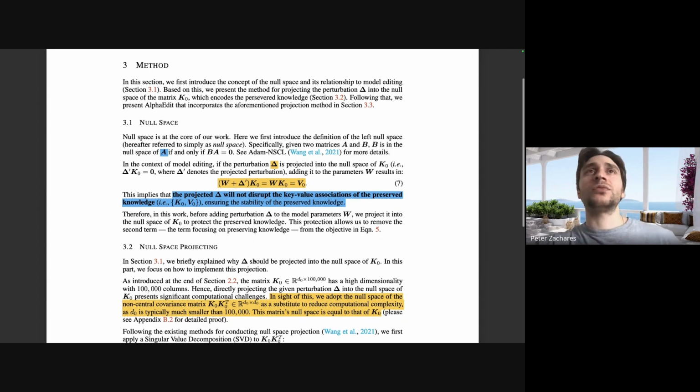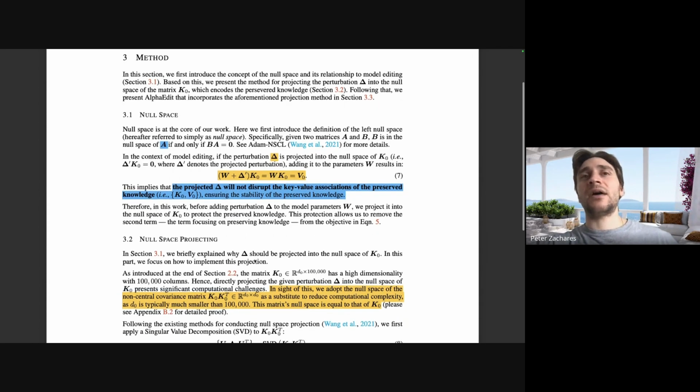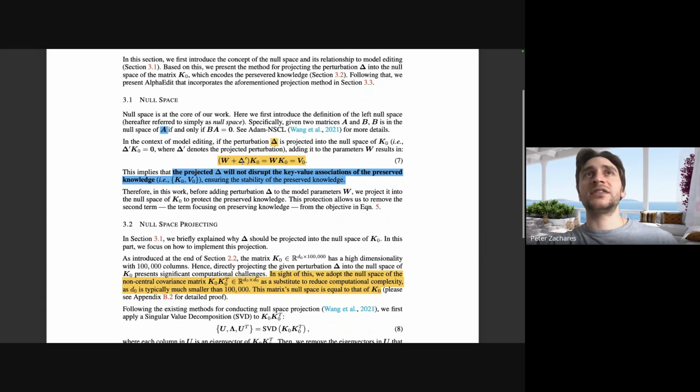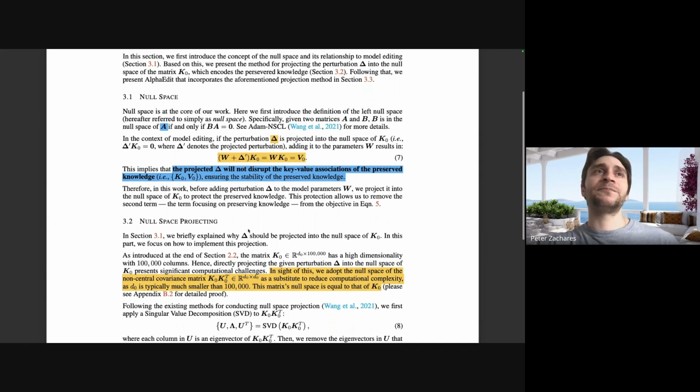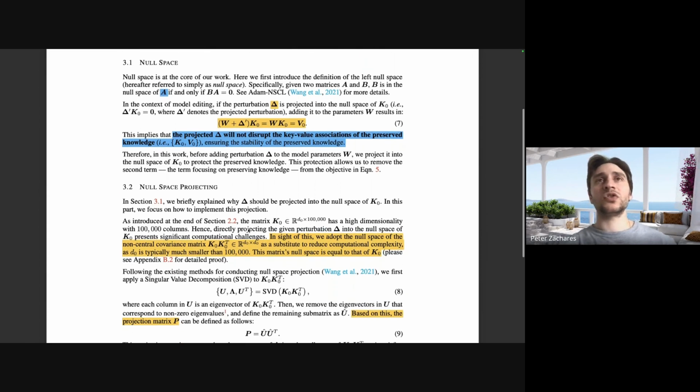Okay, so let's talk about how they project the perturbation into the null space of K naught. It's down here. Another question I had when I was reading this is, how do you calculate K naught? Because K naught is supposed to represent all the knowledge that the model already knows. Obviously in the paper, they say we can't test and find every single fact that this model knows.